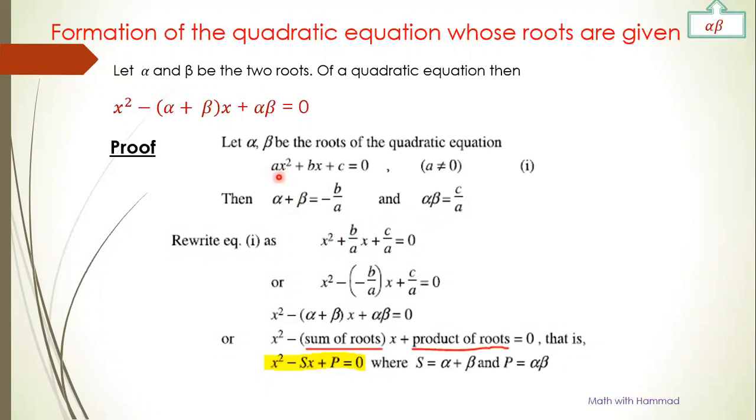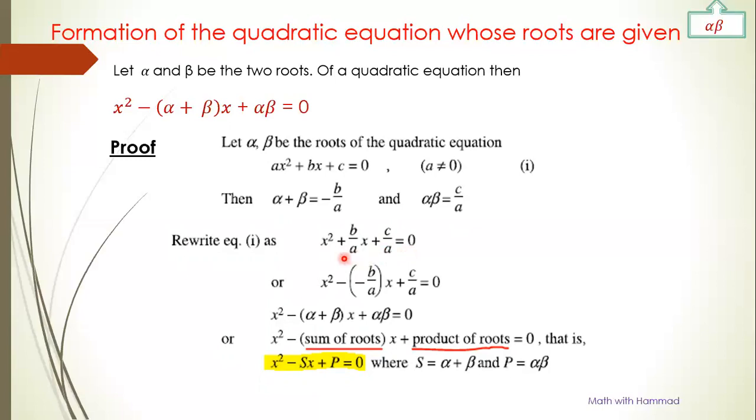Equation 1 can be written as x square plus b over a x plus c over a is equal to 0, or divide equation number 1 by a on both sides. If we divide ax square plus bx plus c by a, equal to 0, we will get x square plus b over a x plus c over a is equal to 0.